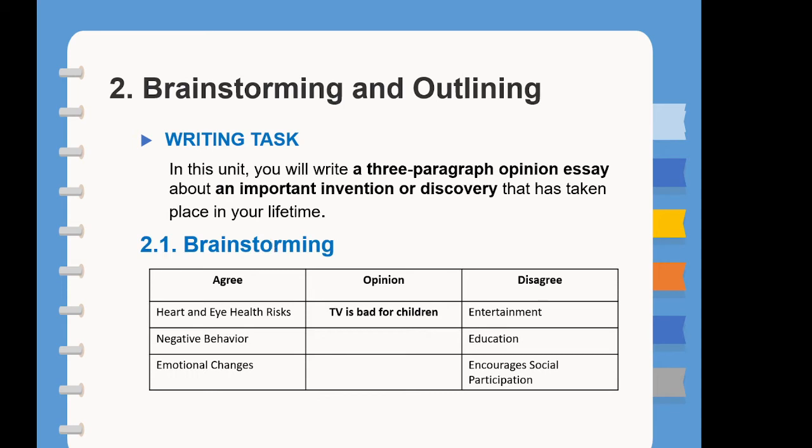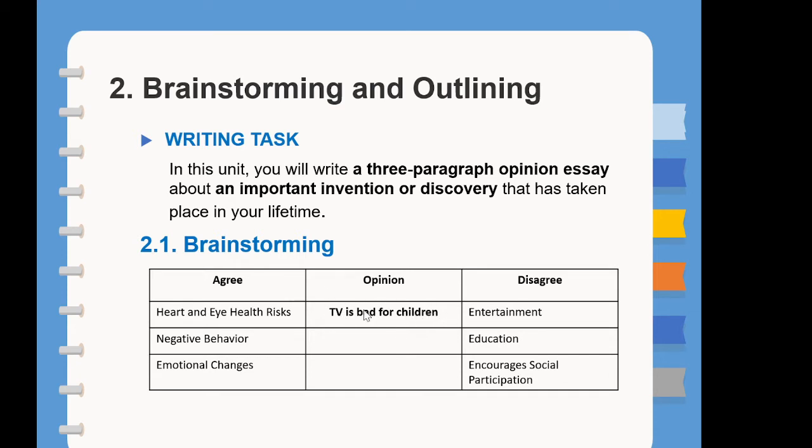In an opinion essay, we have a way to brainstorm. Normally, you have a two-column or three-column table. In the middle column is the opinion, or the topic, and the other two columns are the agree and disagree columns. For example, you have the topic TV is bad for children.